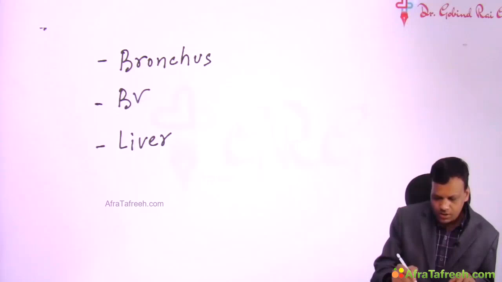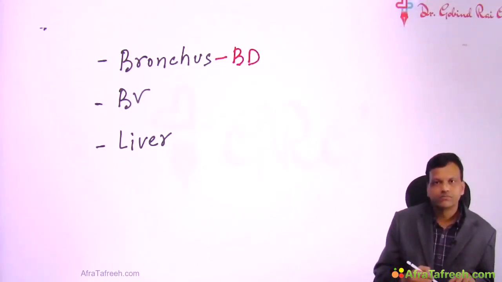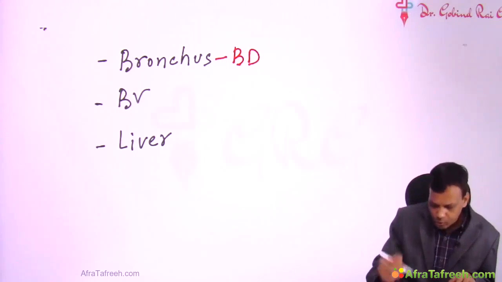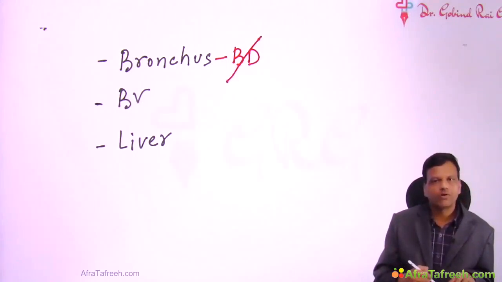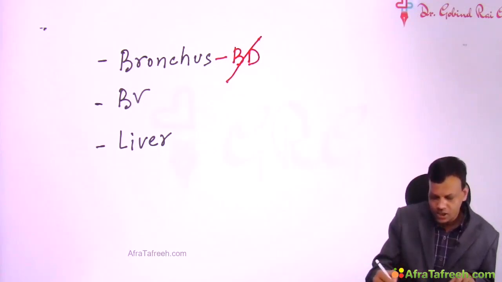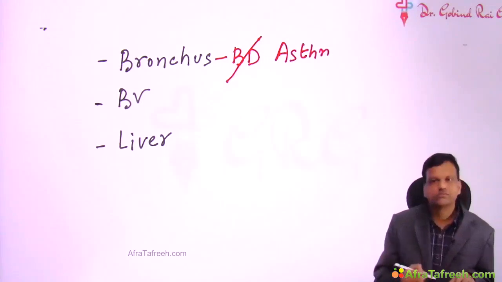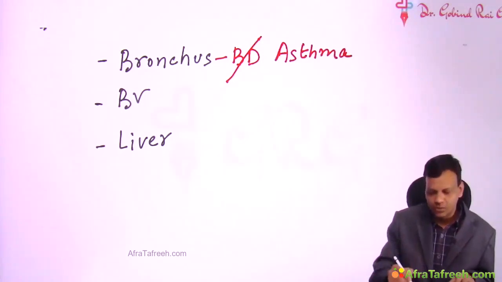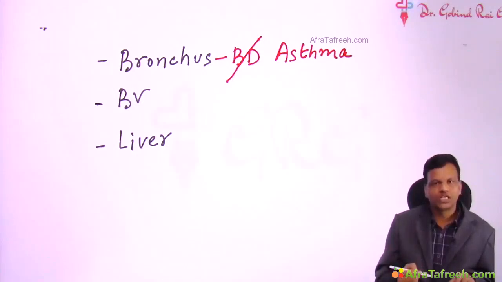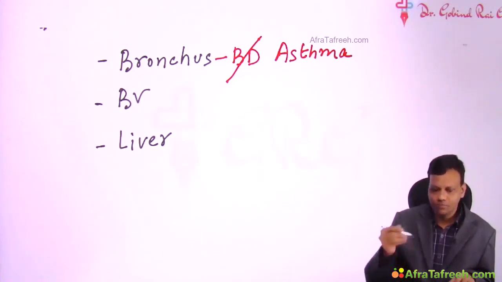In the bronchus, the effect of beta 2 is to cause bronchodilation. So when we give a beta 2 blocker, it will cause bronchoconstriction, and bronchoconstriction will worsen asthmatic patients. So we do not want to block beta 2 in a patient with bronchial asthma.